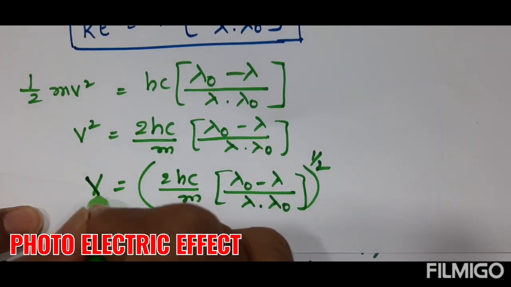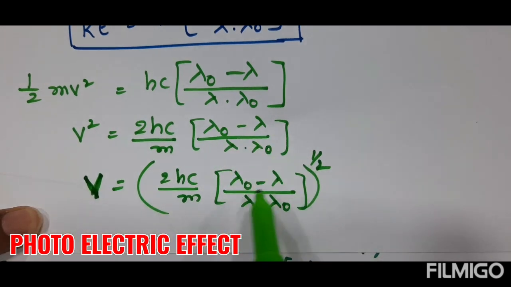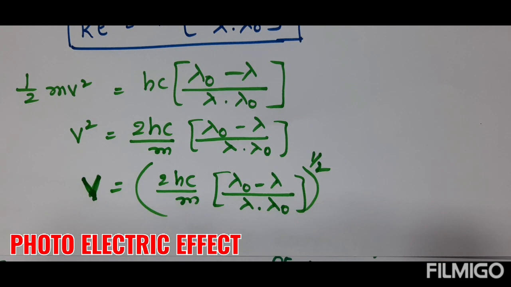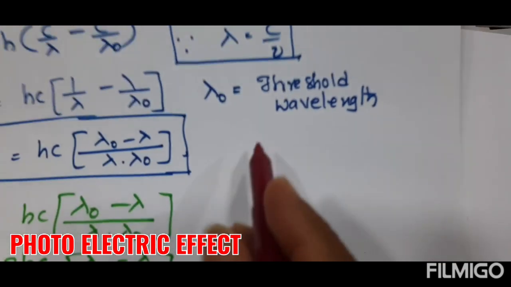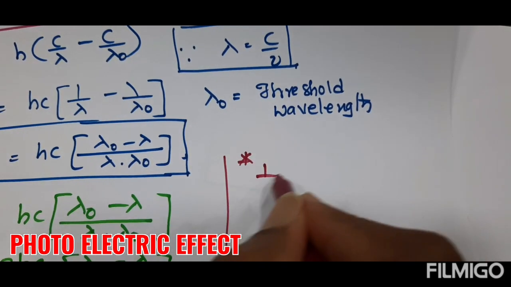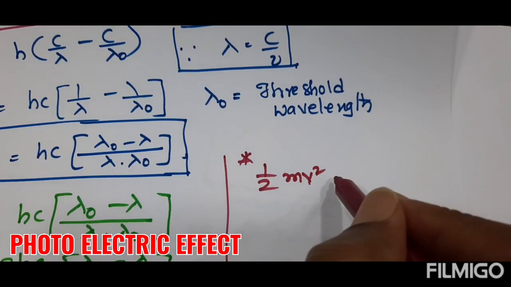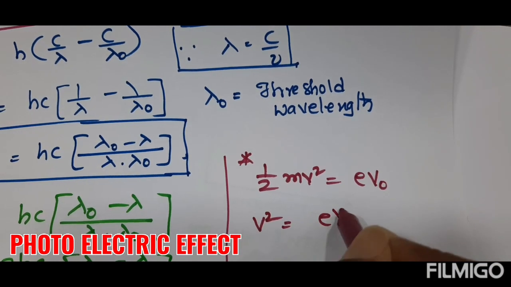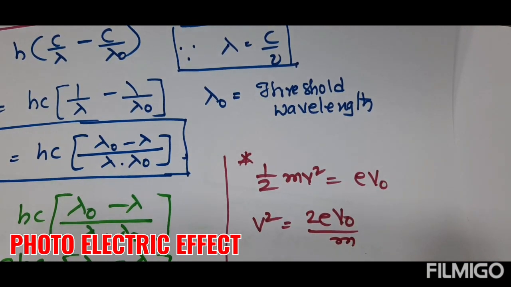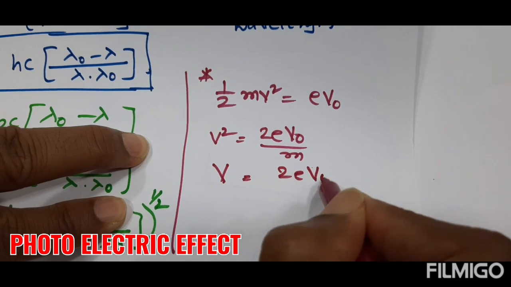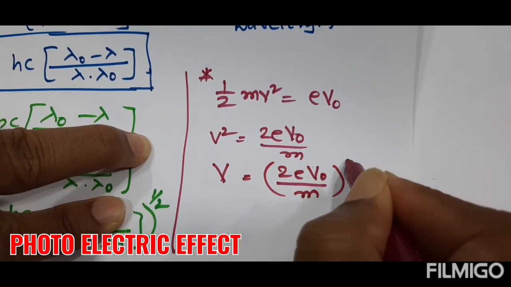This is the relation for the velocity of the photoelectron when the wavelength and the threshold wavelength are given. And one more formula I am recalling: half mv square is equal to eV naught. This is the stopping potential. Here v square is equal to 2eV naught by m. Therefore, v is equal to 2eV naught by small m, whole power 1 by 2.